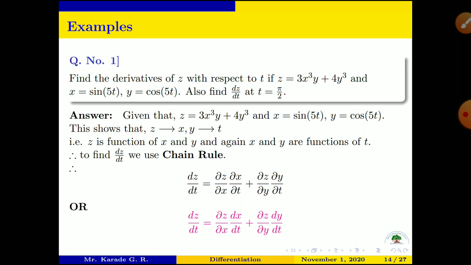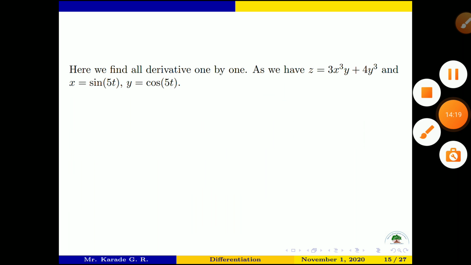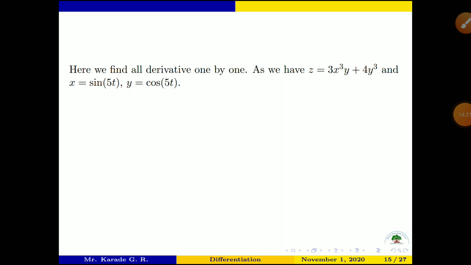Okay, so to find dz/dt, let us find all the right hand side quantities. Here we find all derivatives one by one, as we have z = 3x³y + 4y³ and x = sin 5t, y = cos 5t. ∂z/∂x means the partial derivative of z with respect to x.